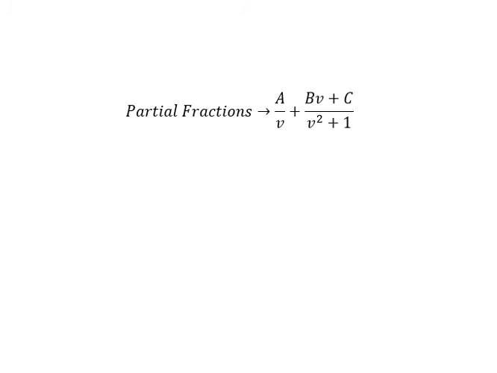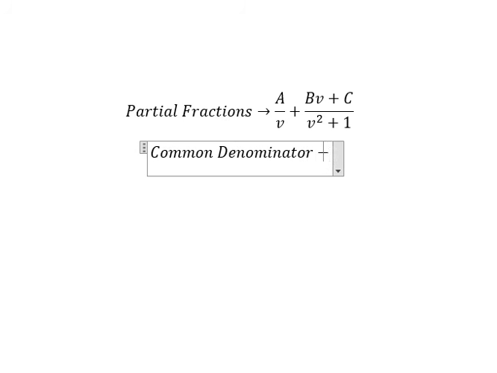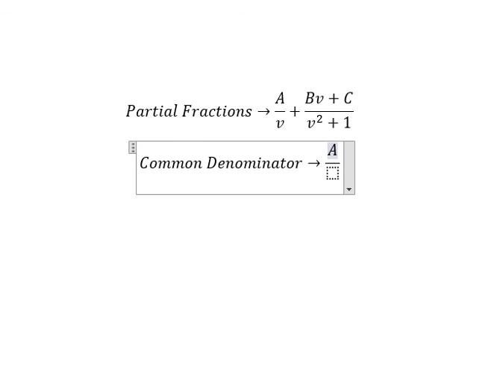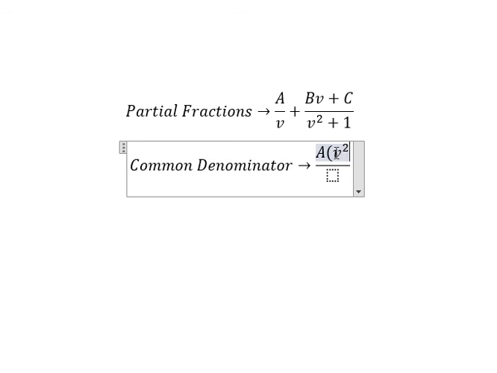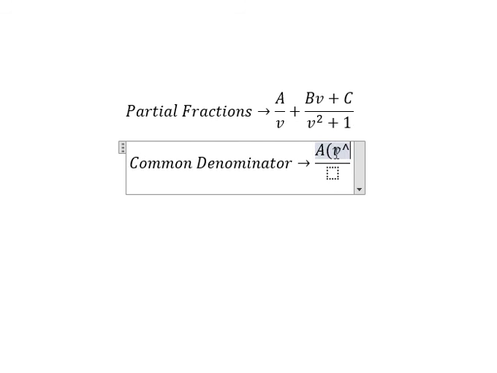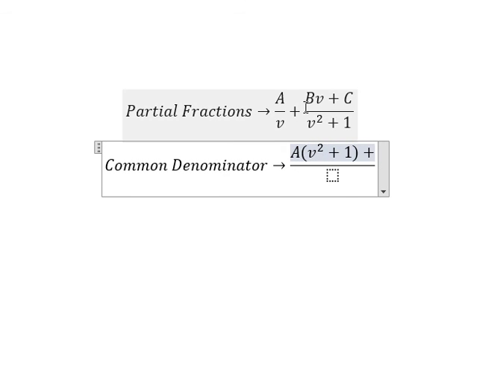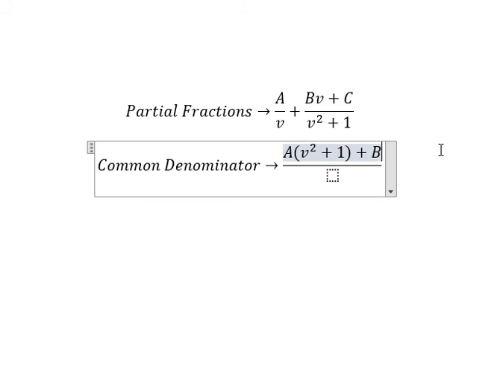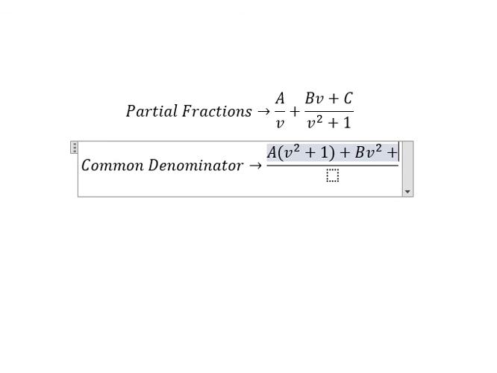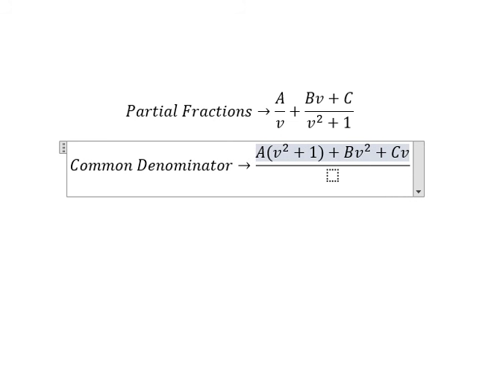Now we do a common denominator. So I will put A multiplied by v squared plus 1. And then v multiplied by this one, so we have Bv squared plus Cv.